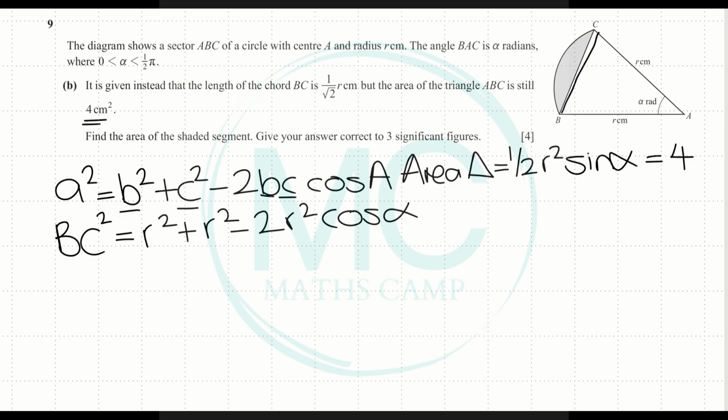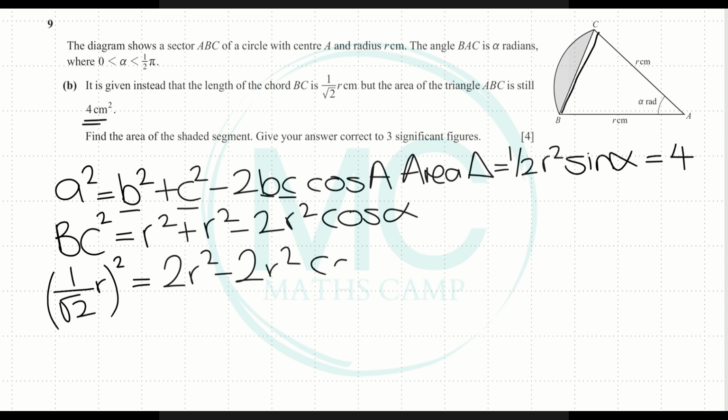BC, we now know is 1 over root 2 r. So I'm going to write this as 1 over root 2 r, put this into a bracket, squared, is equal to r squared plus r squared gives me 2r squared minus 2r squared cos alpha.